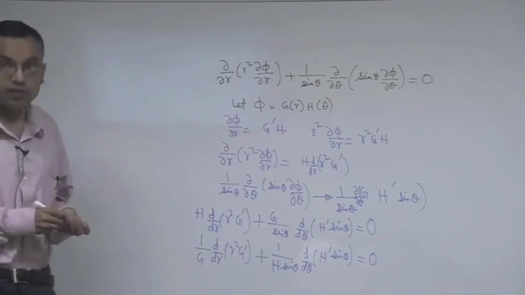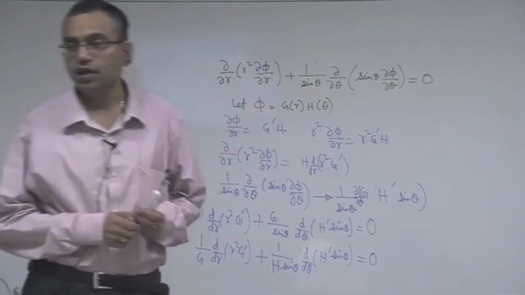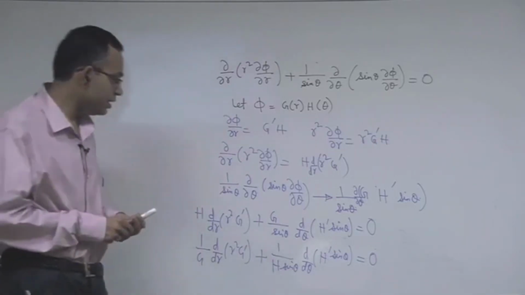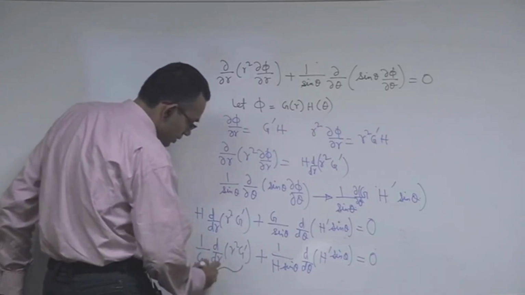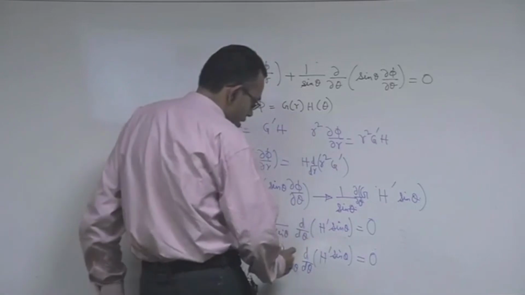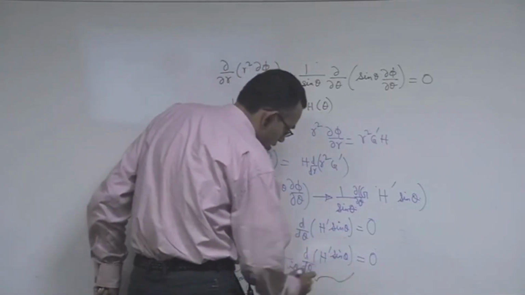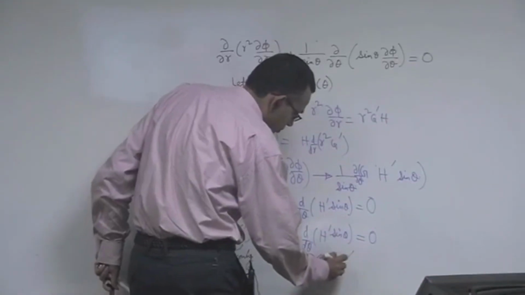As you know from your previous experience, we write it in this form because eventually this is a function of r only, and this is a function of theta only.